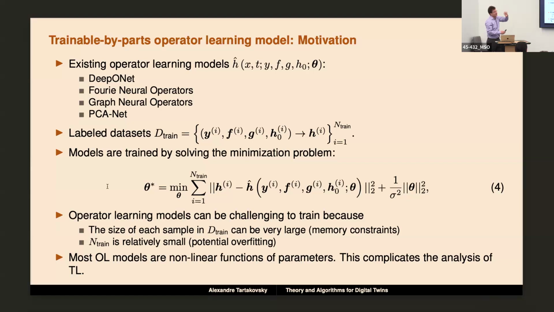So analyzing these models is very difficult, and analyzing the transfer learning is also very difficult because of the nonlinearity. So we want to design a model that is linear, at least in some of the parameters that we might have to transfer when conditions change.